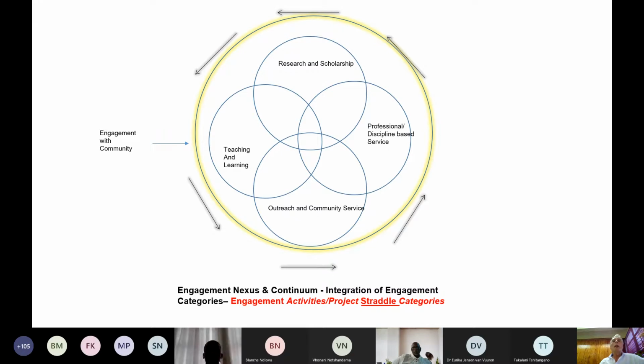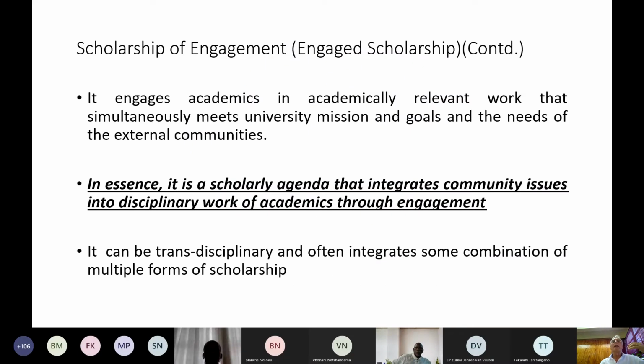Then you start moving into teaching and learning. So you develop a short learning program. Once you develop the short learning program, and people have done it, you do research and you find out whether this capacity building is assisted. So you'll find any project will straddle these particular engagement categories. And in the case studies that I'll be showing you, I'll give an indication of how it's done.